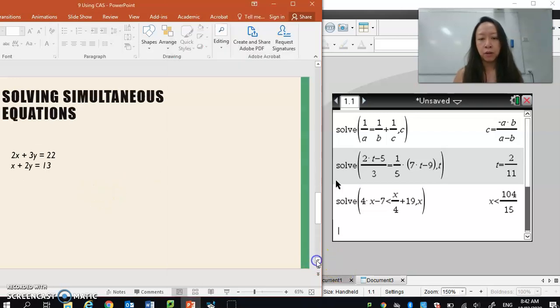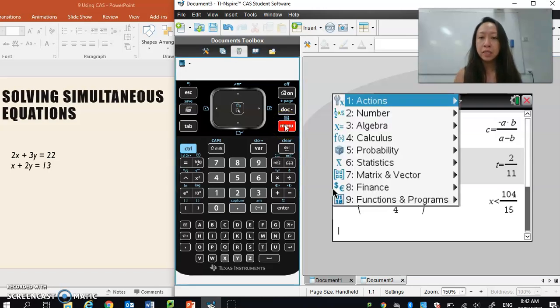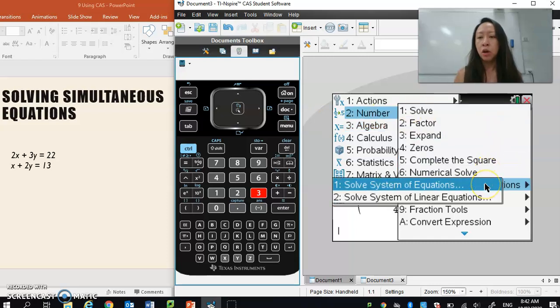The last part of this is, how do we solve simultaneous equations using CAS? It's pretty much the same as well. We go to menu, and this is algebra, so we go to algebra, but instead of going to solve, this is actually a system of equations. It's a simultaneous equation, so we have to pick solve system of equations, which is number 3, number 7, and 1.